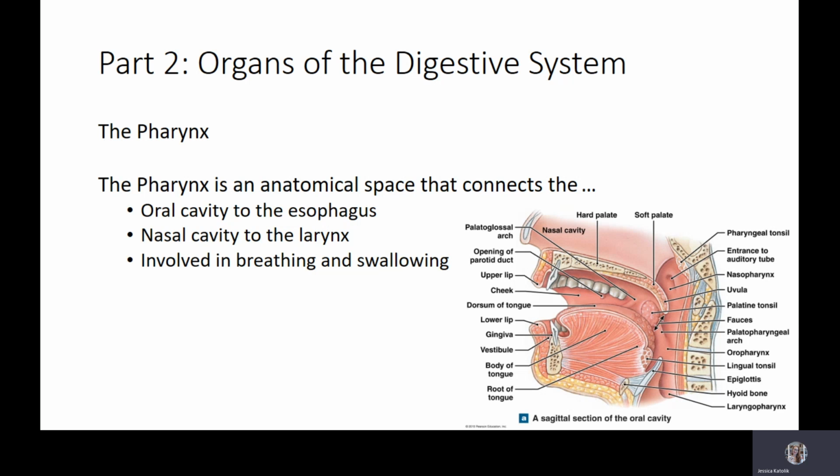Just as a reminder, the pharynx is going to have the opening to the pharyngotympanic tube here. And that's actually going to connect the middle ear to the pharynx, and this will help equalize pressure on either side of the tympanic membrane.